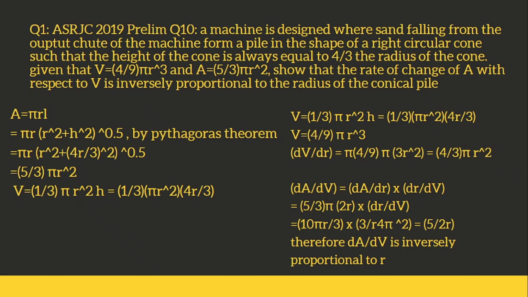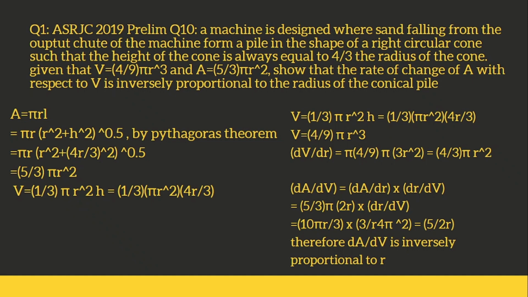Now we want to find dV/dr. We will get 4/9 pi times 3r squared, which equals 4/3 pi r squared. Then we find dA/dV, which is the answer we are looking for. We split it up: dA/dV is equal to dA/dr times dr/dV, which is basically the chain rule.